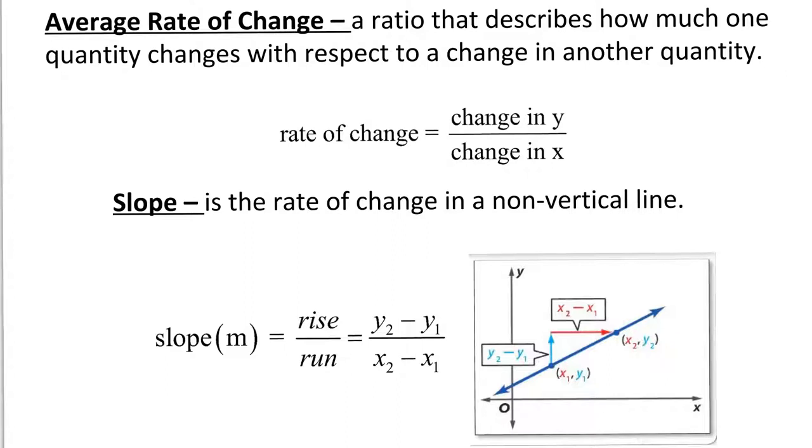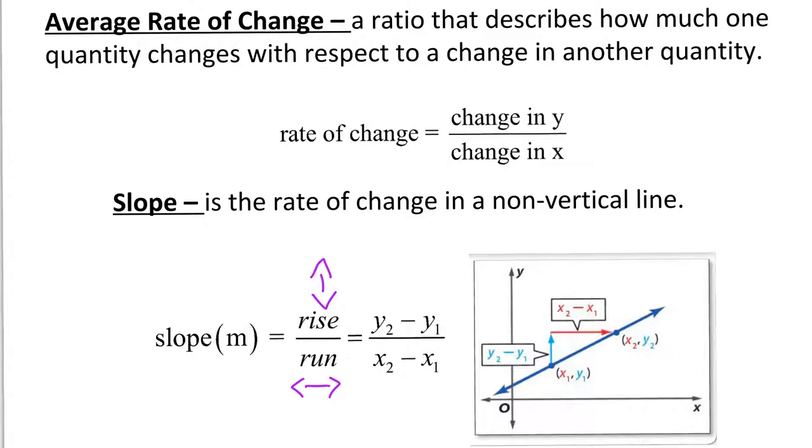Let's look at the rise first. Rise is your direction going up or going down. You see the arrow for rise, that's going to be up or down, and the run is going to be to the left or to the right.